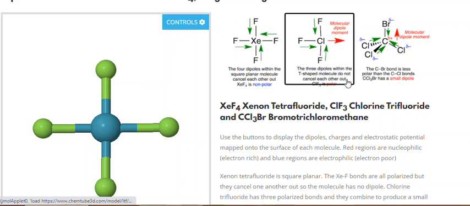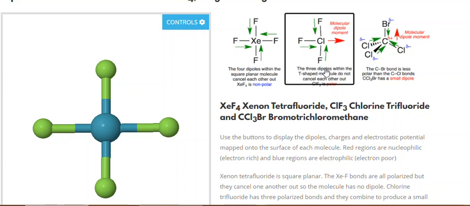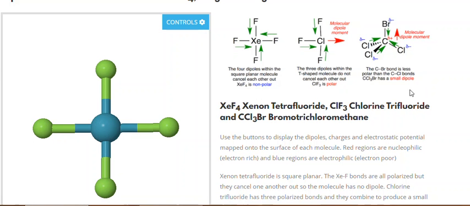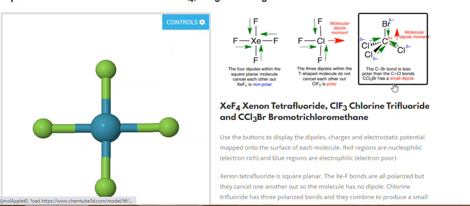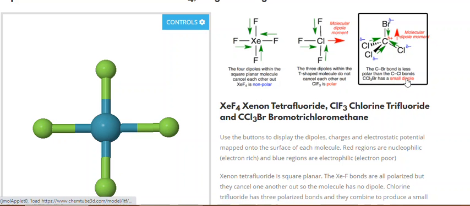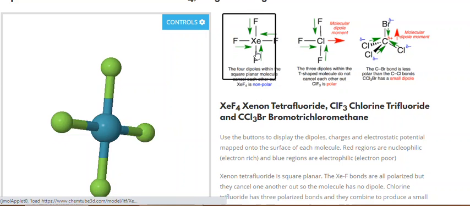The 3 dipoles within the T-shaped molecule do not cancel each other, and chlorine trifluoride is a polar molecule. The carbon-bromine bond is less polar than the carbon-chlorine bonds, so bromotrichloromethane has a small dipole. You can look at these angles.